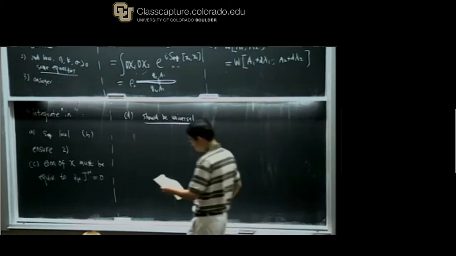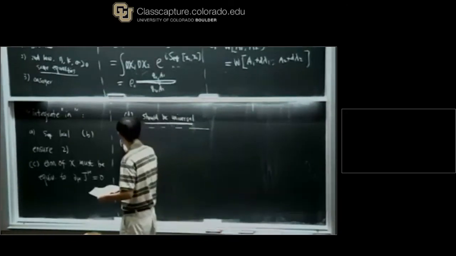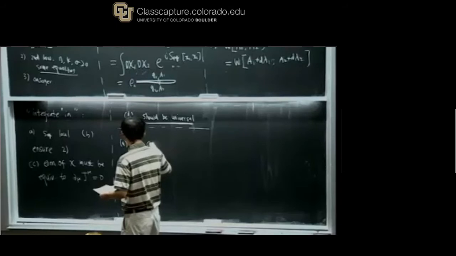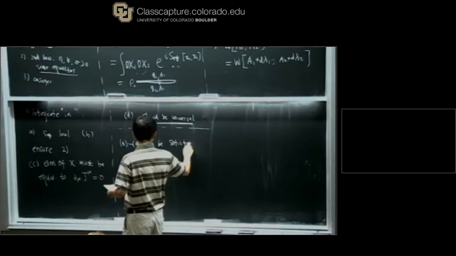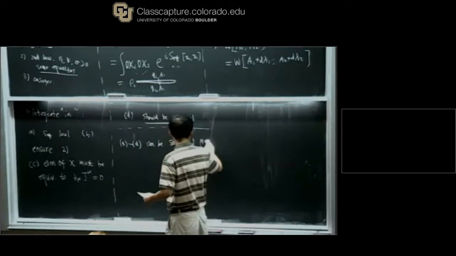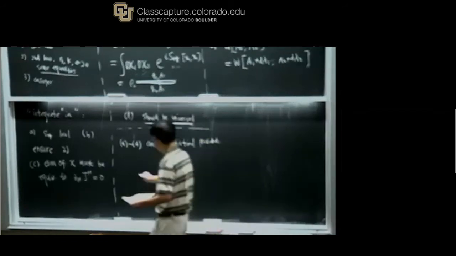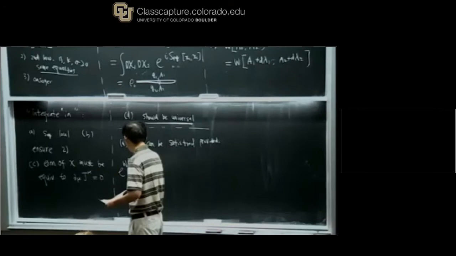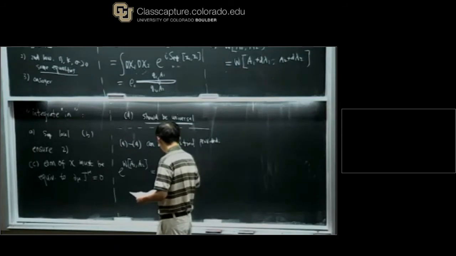So A to D can be satisfied provided we write this into a path integral. Now I postulate the existence of two scalar fields.